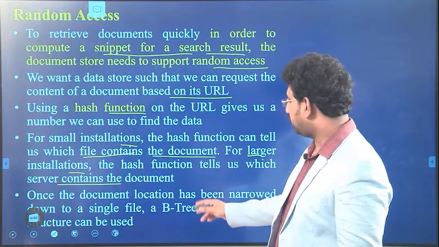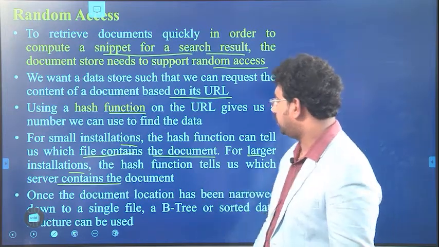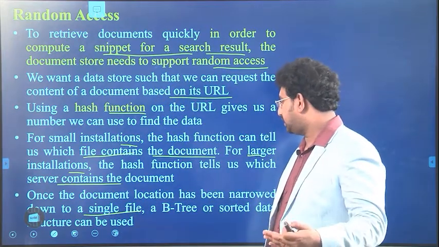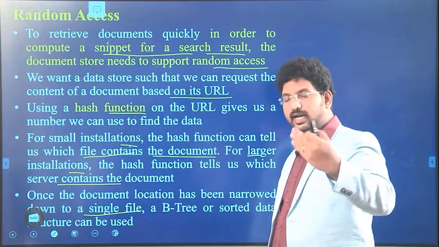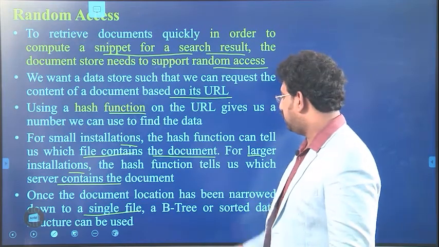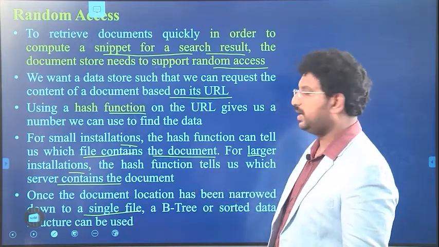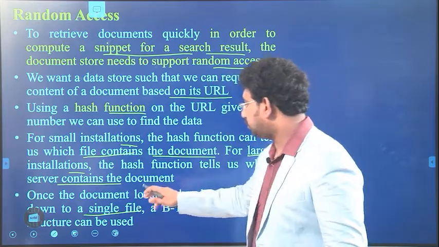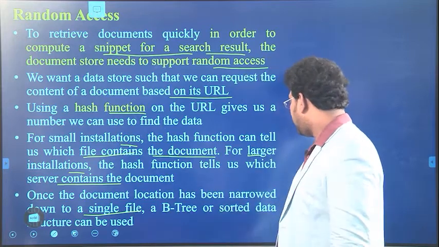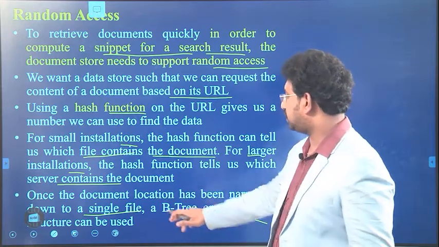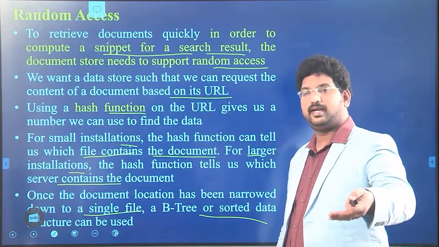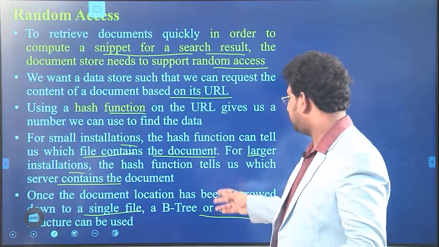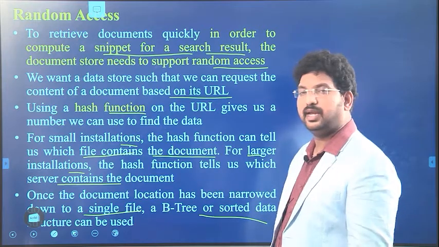Once the document location has been narrowed down to a single file, as part of identifying the file with hashing, a B-tree or other sorted data structure can be used.